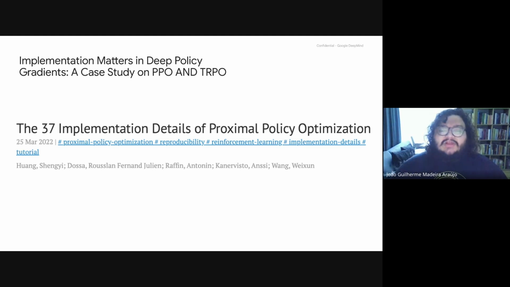So this is not a comparison like the previous paper, but mostly goes over all the 37 details that are part of a correct PPO implementation but are not described in the paper. And in many ways, this describes what PPO is quite a bit better than just the PPO paper.